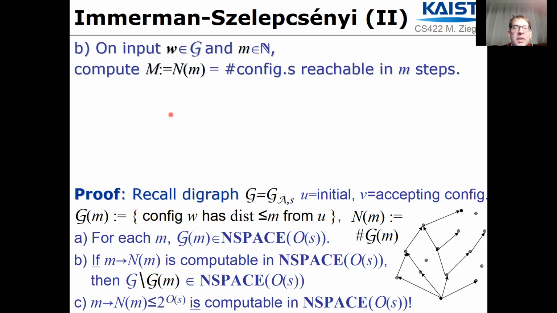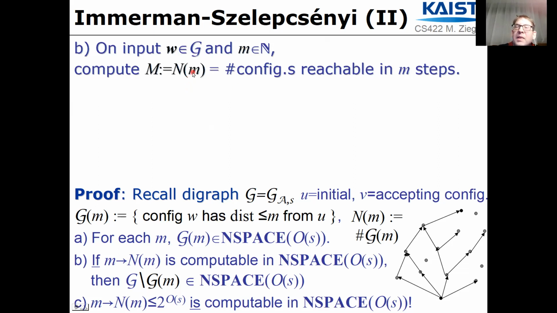And we use the hypothesis that this number is computable non-deterministically with that space bound. So the first step is to use that hypothesis and compute that number, which is the number of configurations that are reachable within M steps. And now we want to make sure that the given configuration W is not among them.